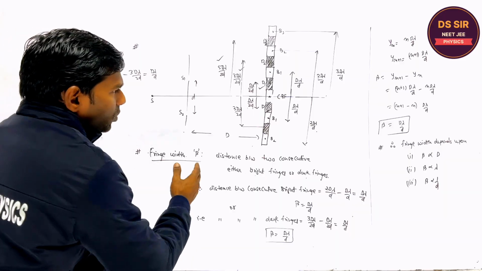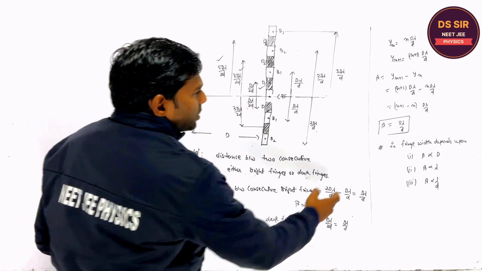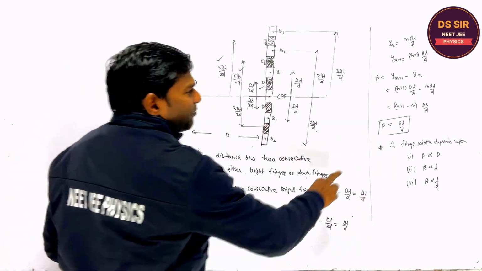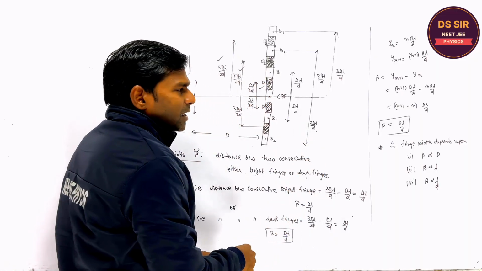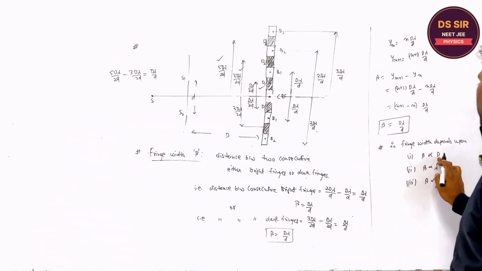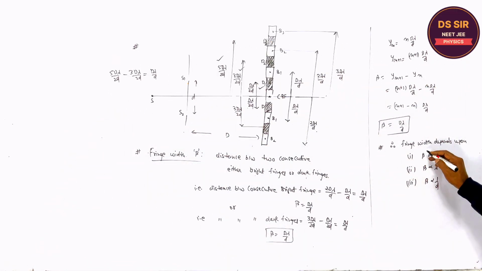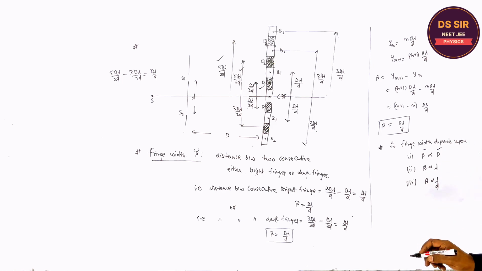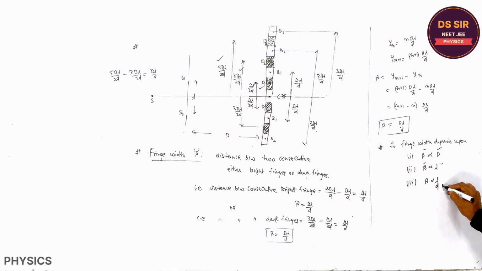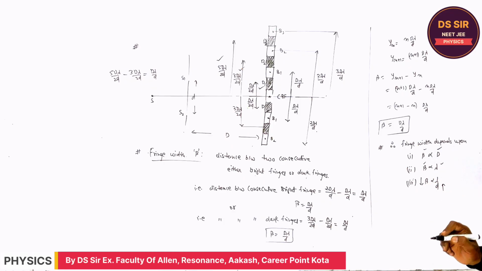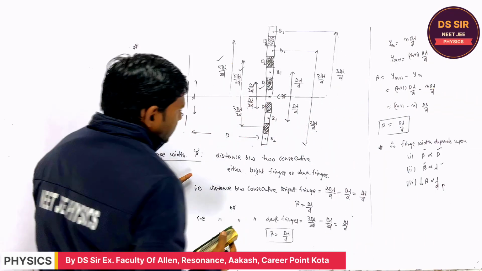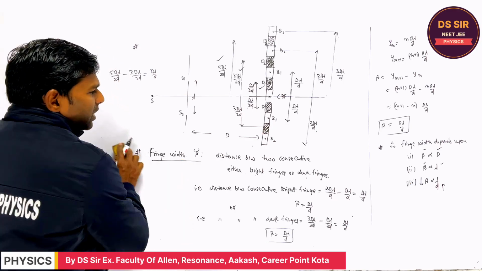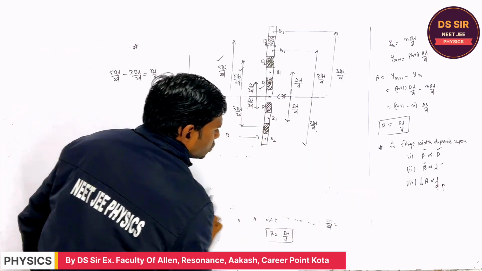Copy this. If you increase the capital D, beta will increase. If you increase the wavelength, beta will also increase. But if you increase small d, the fringe width will decrease. This is the definition of the linear fringe width.